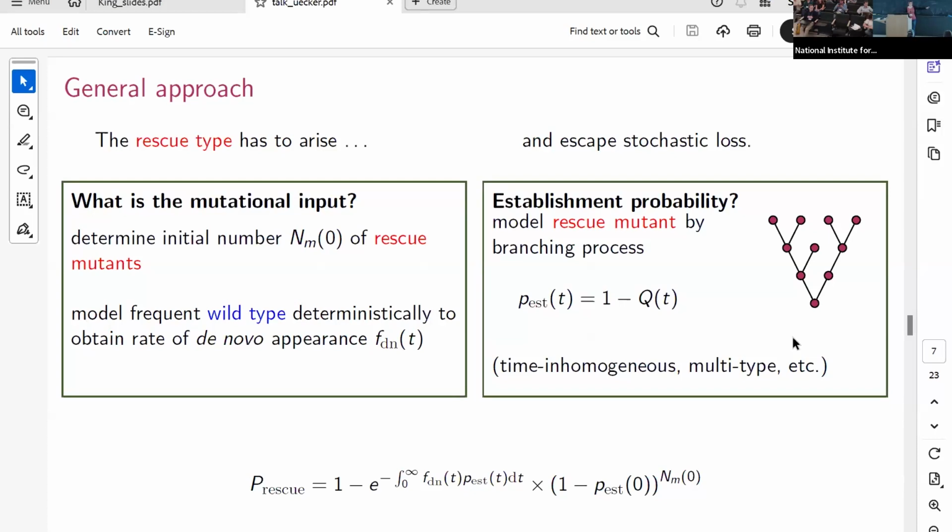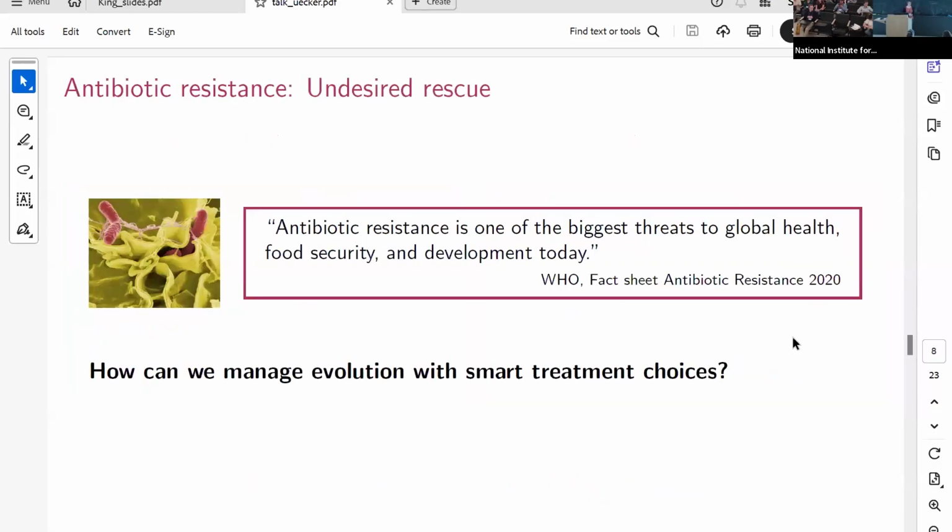And then it's again put together in the same way, where you have the zeroth term of a Poisson distribution, and then also the extinction probability from all the mutants that are already present in the population. Because there's not a lot of time, I will not show you an example for this general approach, but I would like to go back once more to antibiotic resistance evolution.